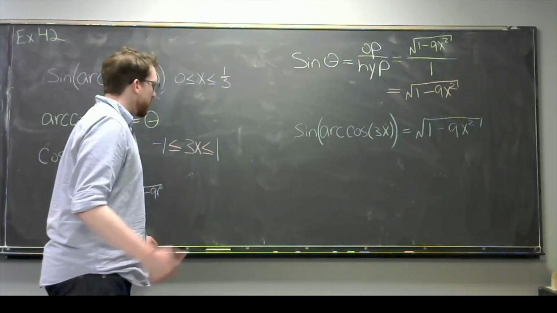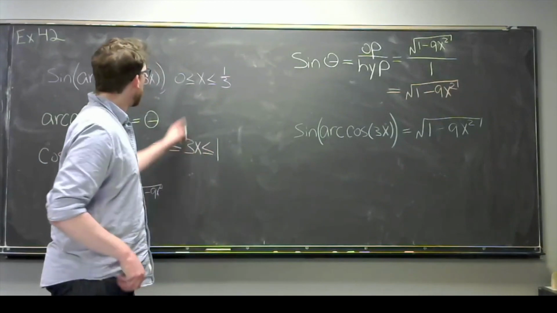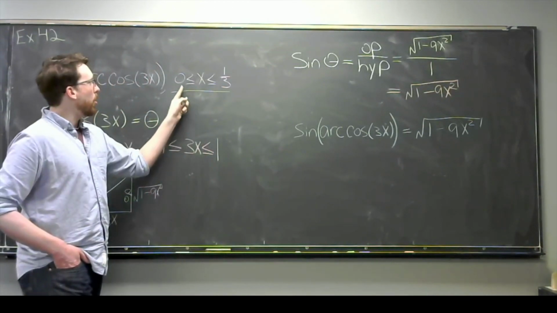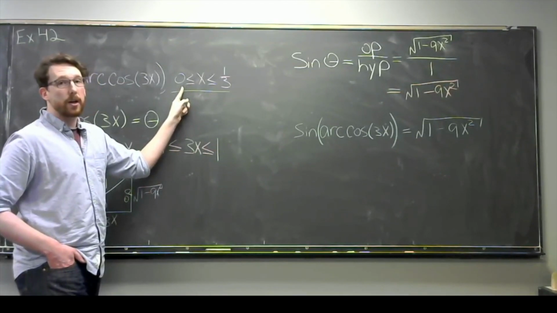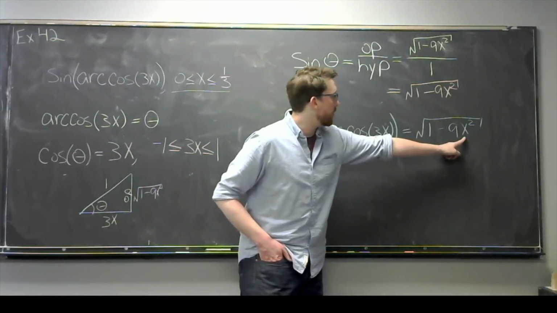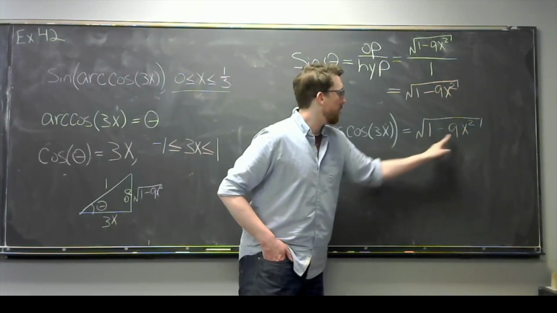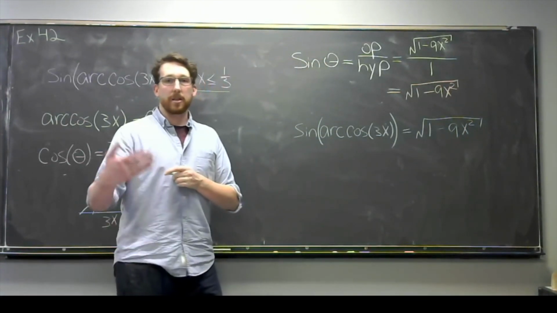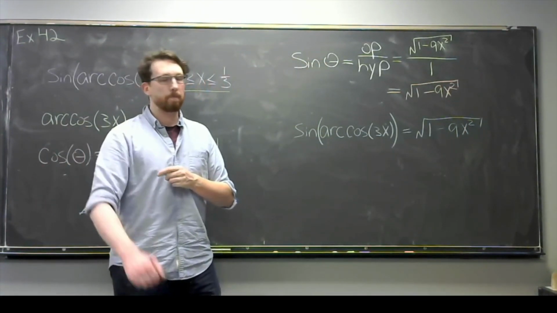But, of course, there's one last thing we need to worry about. If you notice, all this is saying is that you're not allowed to put in any x values that would make everything underneath the radical negative, because then we would get an imaginary answer.